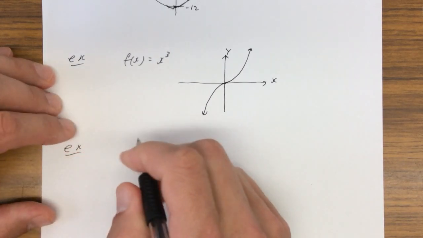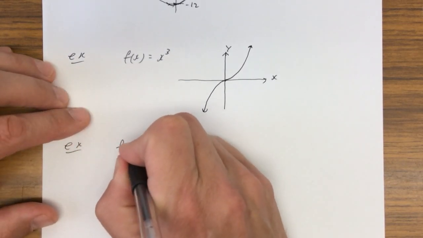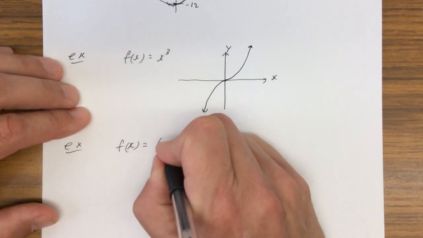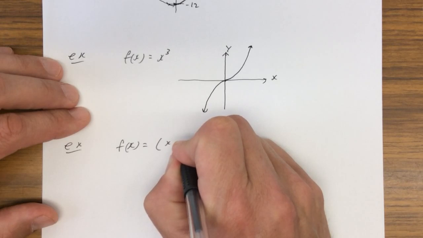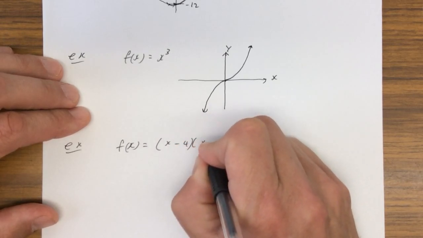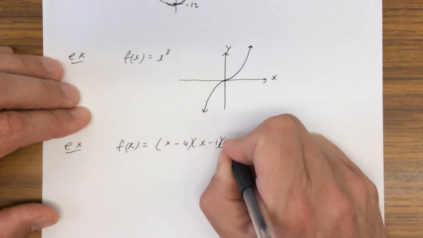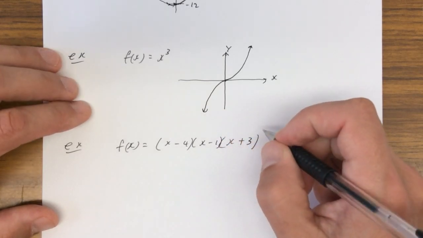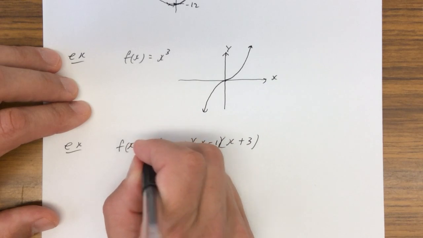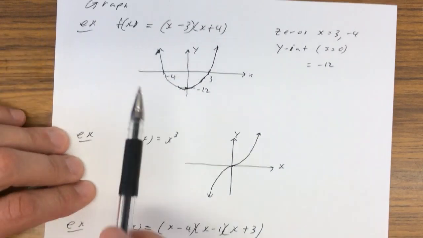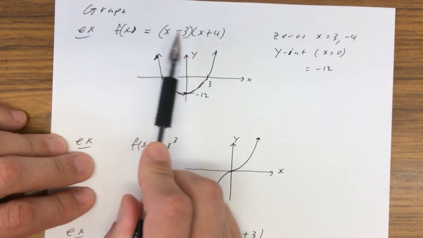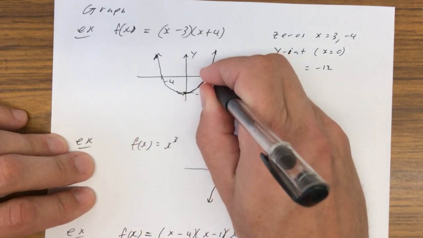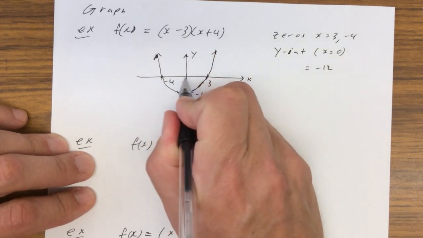So let's take a look at a more complicated cubic. Let's say f of x equals x minus 4, x minus 1, and x plus 3. Well, to find the x-intercepts, we do just like we did with the quadratic up here. What values of x make y 0? Okay, at the x-intercepts, the y value is 0.